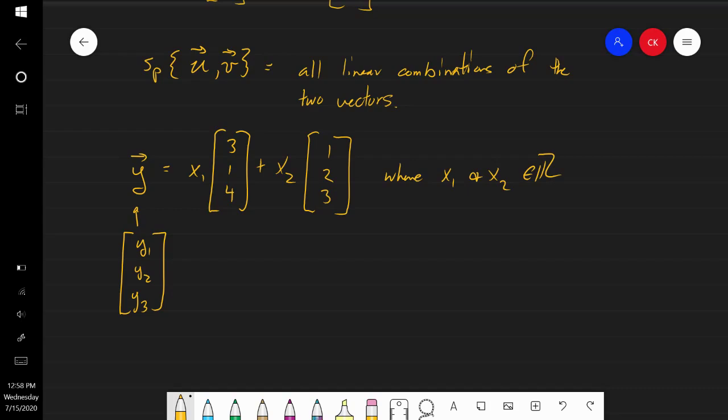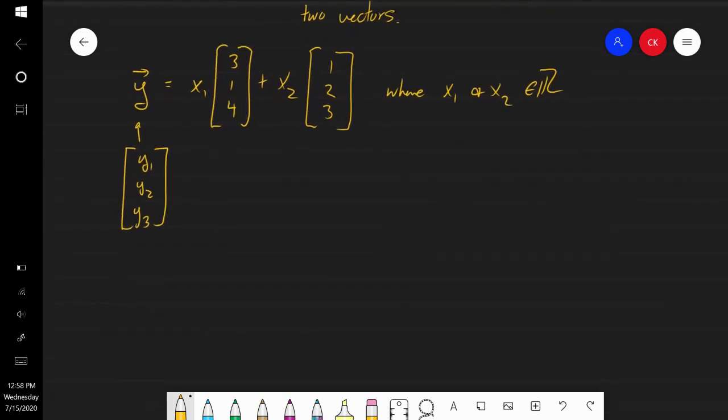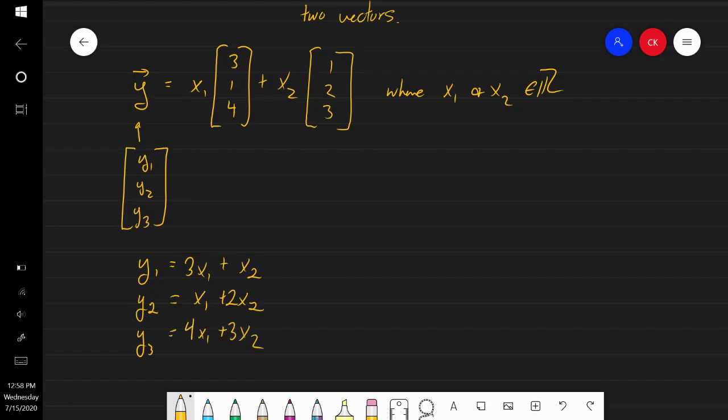So continuing down, if we start thinking we might have to solve a system here a little bit, we would take this and rewrite a system of equations like y1 equals 3 times x1 plus x2. Our second row would look something like y2 is going to be equal to x1 plus 2x2. The third row would be y3 being equal to 4x1 plus 3x2.